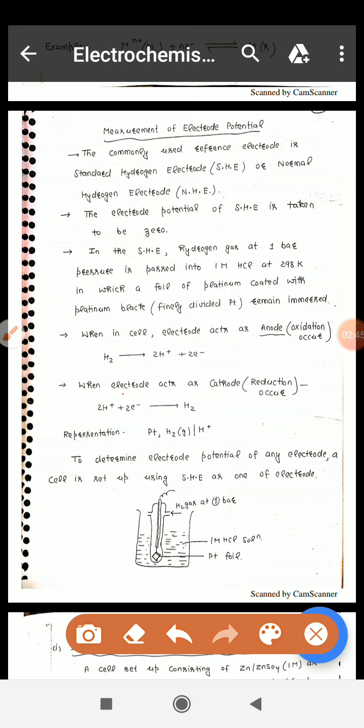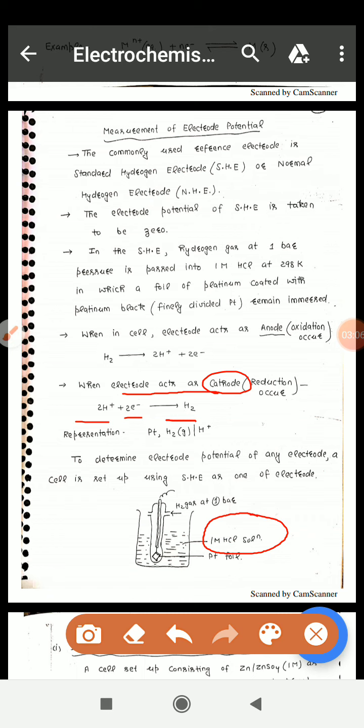But if this electrode acts as the cathode, then cathode means gain of electrons, reduction. So reduction occurs at the cathode. In this process, HCl participates in the reaction. From HCl, the H+ ion gains the electron and is converted into H2.